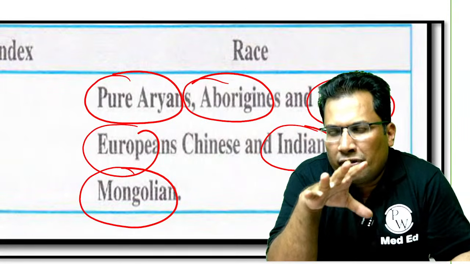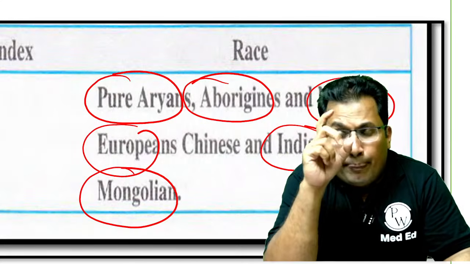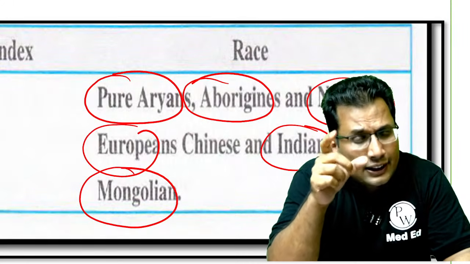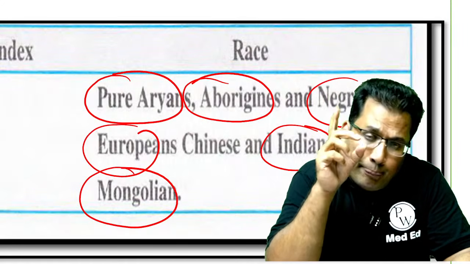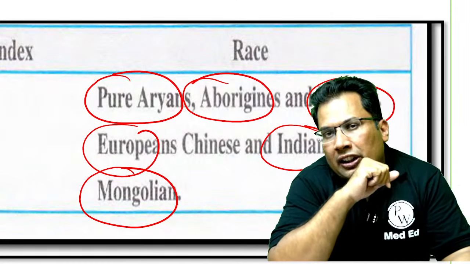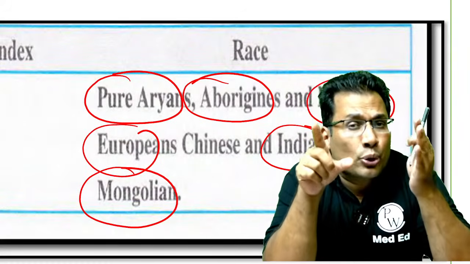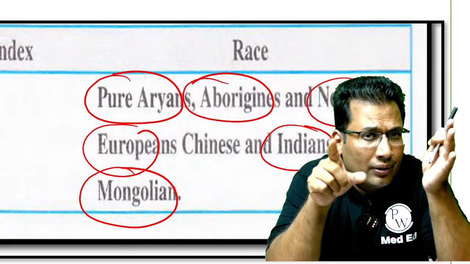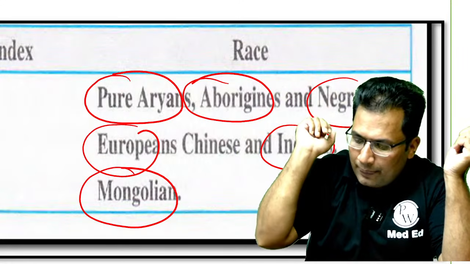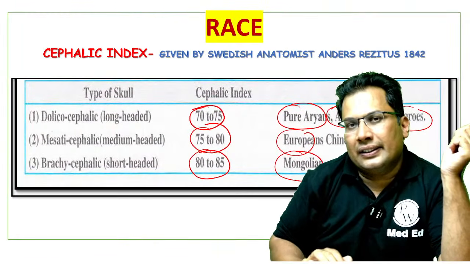So dolichocephaly, mesaticephaly, brachycephaly. Maximum cephalic index is seen in brachycephaly. Minimum cephalic index, dolichocephaly. But the same question can be asked: anterior posterior diameter is maximum in dolichocephaly.